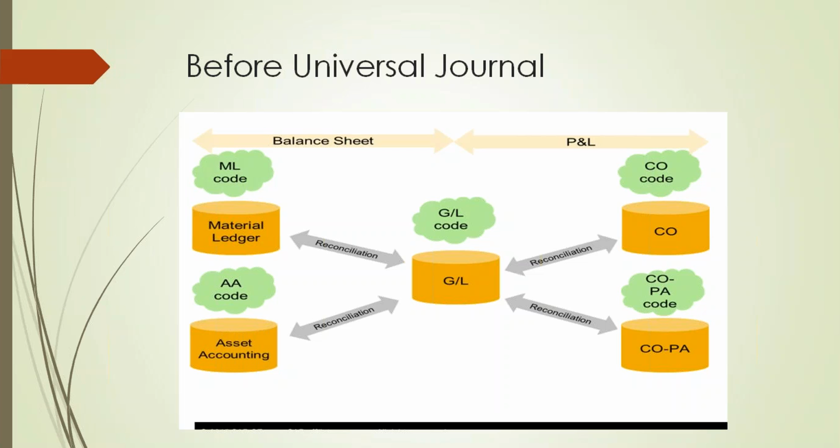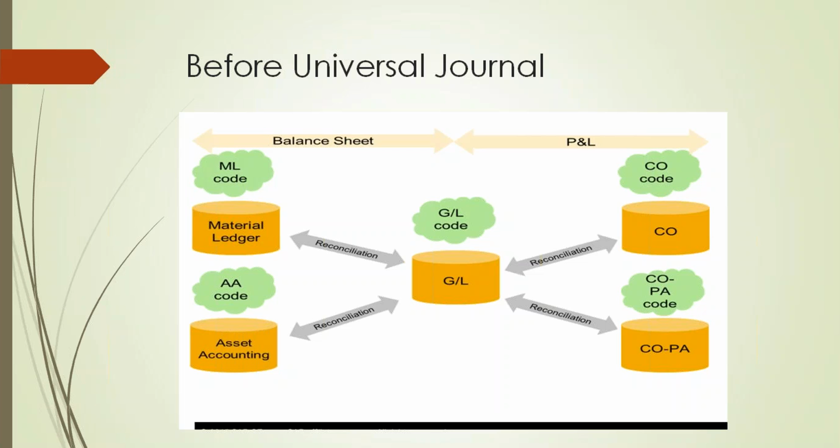Controlling was a separate module or submodule, COPA was again a separate component, material ledger was totally separate, and asset accounting was again a separate component.